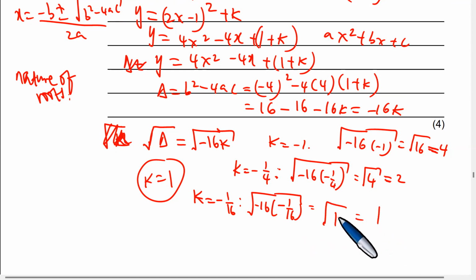You take these because they are perfect squares: 4 is 2 squared, and 16 is 4 squared, so the square roots become 4, 2 and 1.